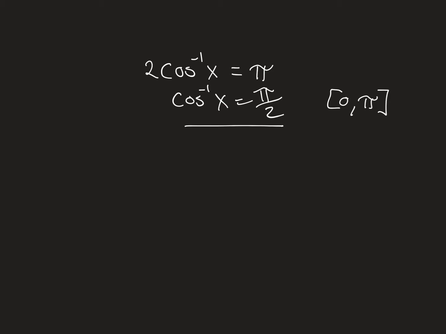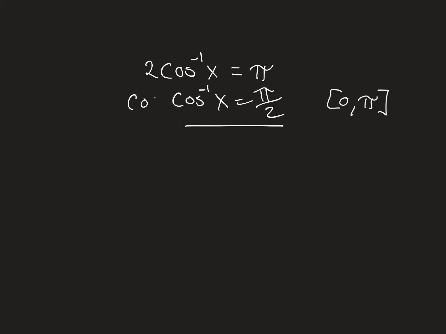And so a good strategy, once you've isolated that inverse trig function, is to take the cosine, in this case, of both sides. Why? Well, in order to get that x out of the inverse trig function, if I take the cosine of both sides, I'm composing a function with its inverse.